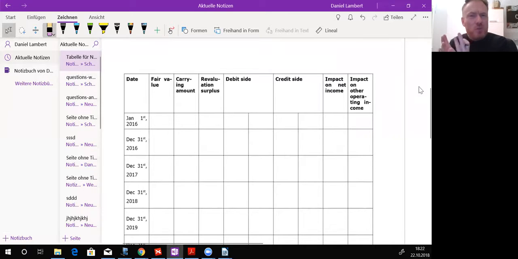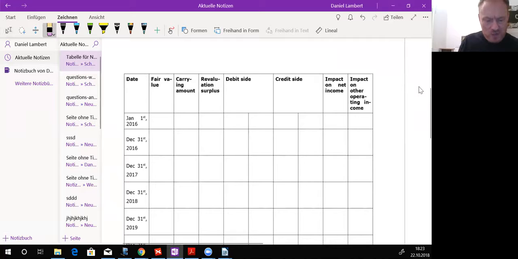So revaluation surplus is not a part of the income statement, but it's a part of the balance sheet, directly. There is no revenue combined with it. There's no expense combined with it. Revaluation surplus is not a part of the income statement.